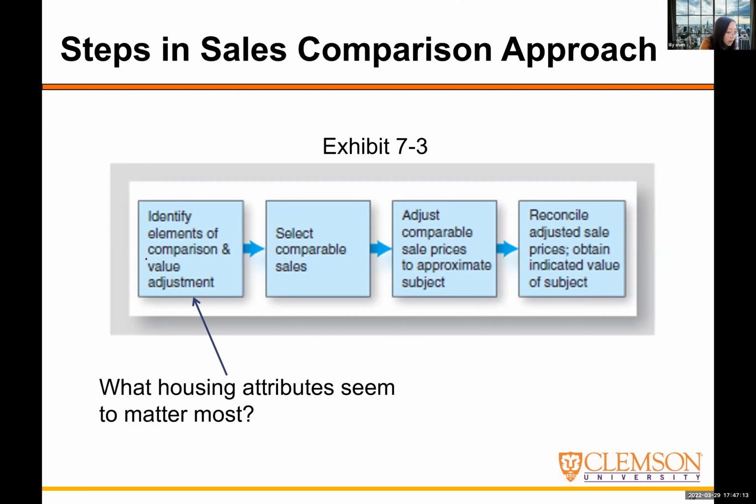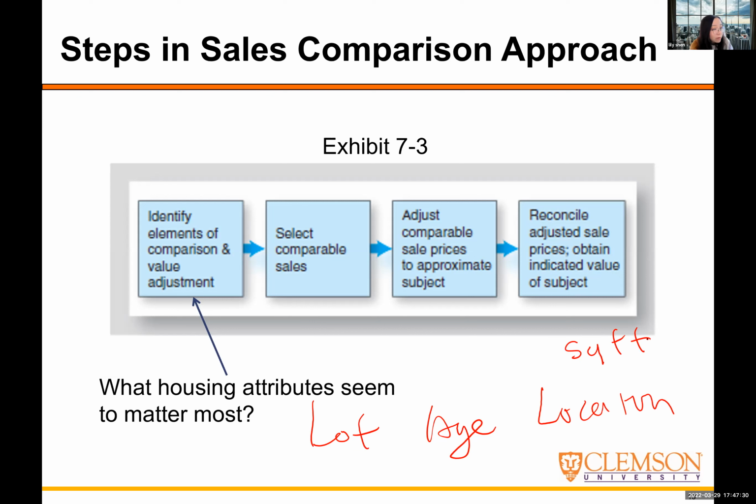Let's say lot, age, or location. Or maybe you want to add more, you have 4. You have square footage. Based on the 4 characteristics, you have to select 3 to 6 comparable homes.